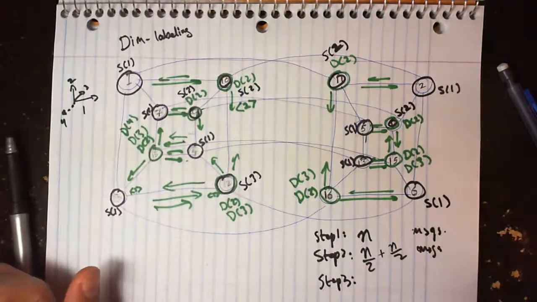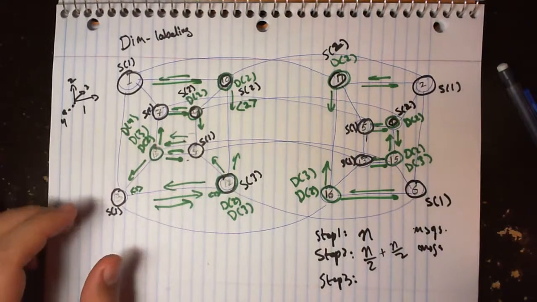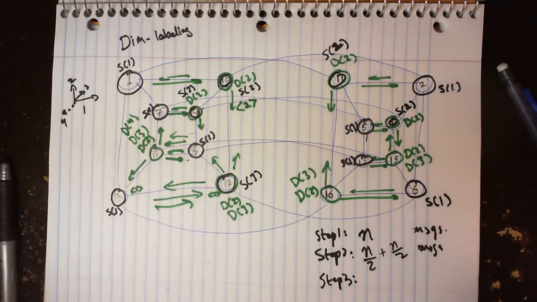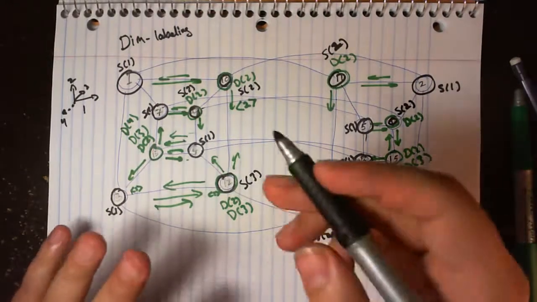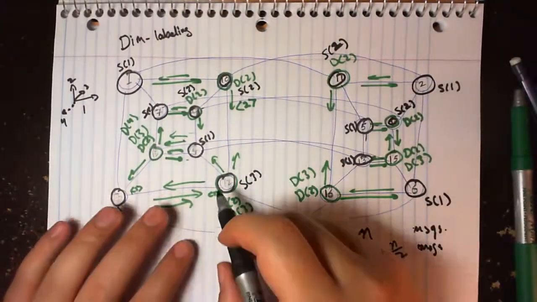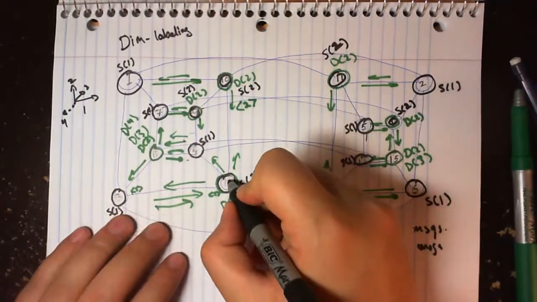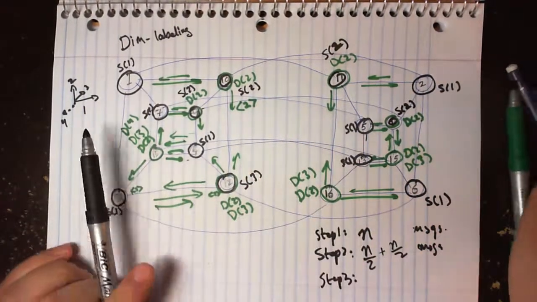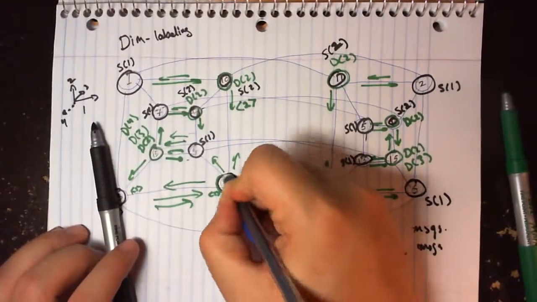I'm missing an 8. Okay, here's what I'll do. I'll just switch these two together, so I'll still make it work. So I'll make this 15. I can erase it.